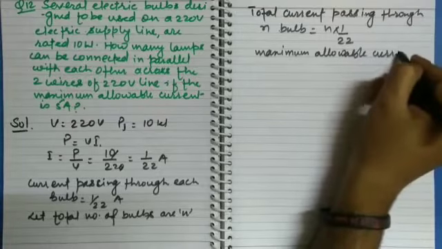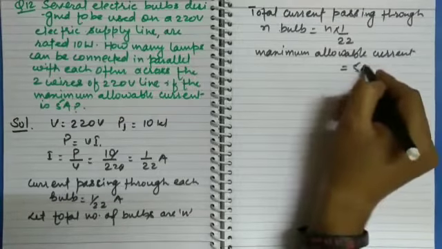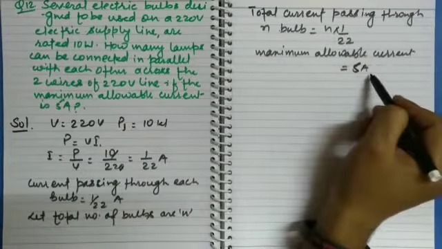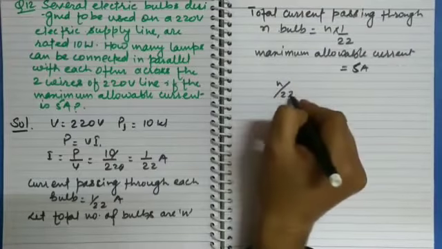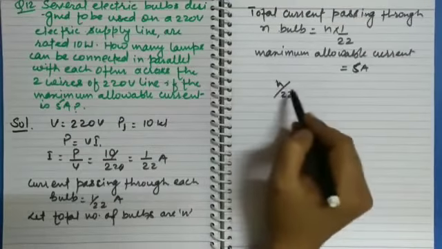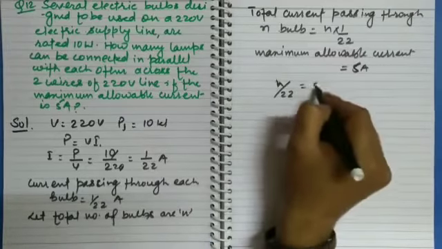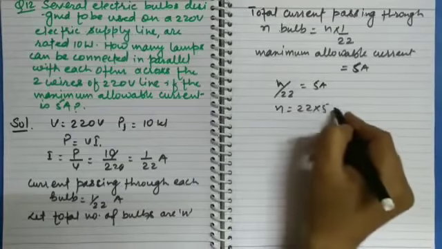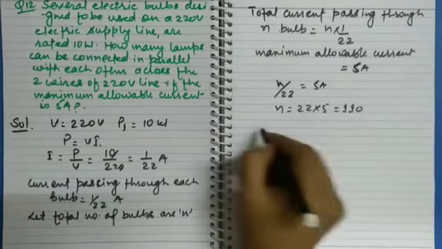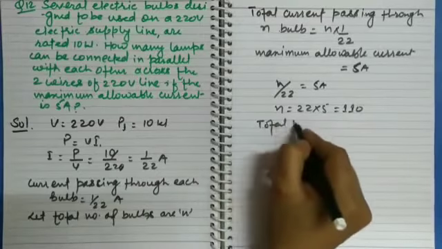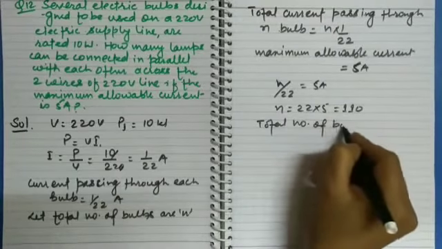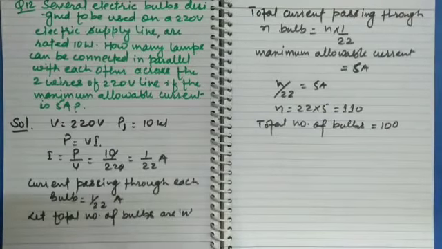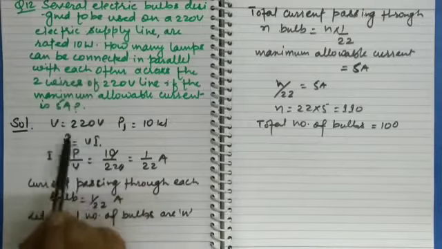Now according to the question, n by 22 equals 5 ampere, so n equals 22 into 5 equals 110. So the total number of bulbs equals 110.